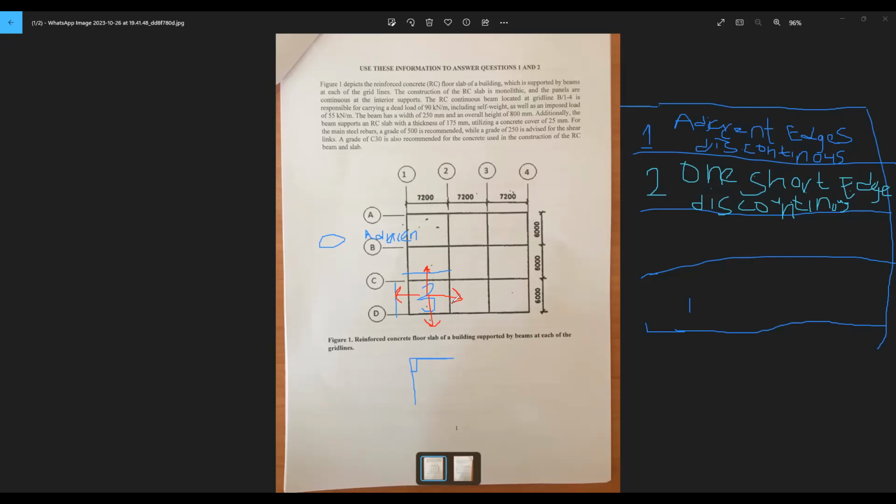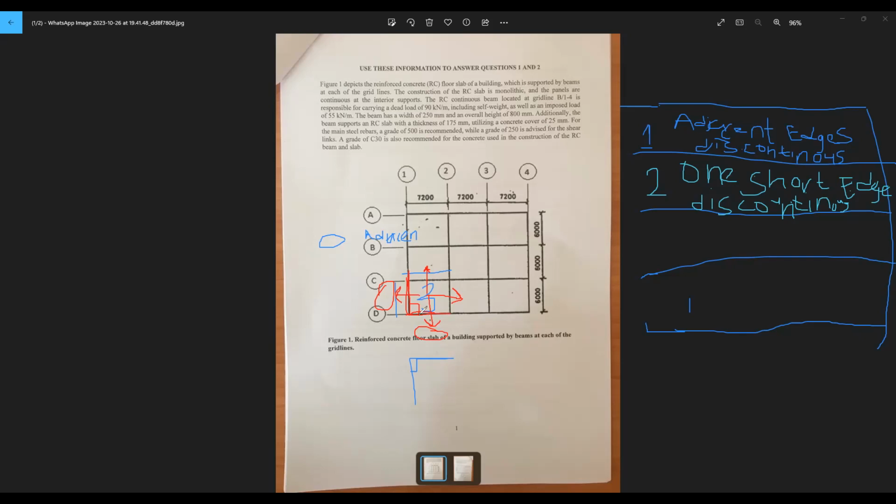This is just the way we classify them. So you can see that here we have two of the sides leading us out of the whole slab area. One of the sides here is a short side, and here this is a long side. What's common to them? They have a 90 degrees angle between them. You can't say that we have one long and one short edge discontinuous.